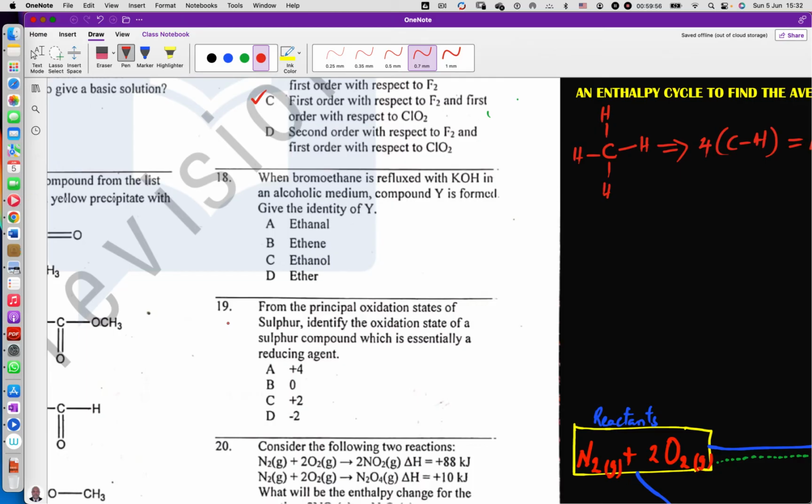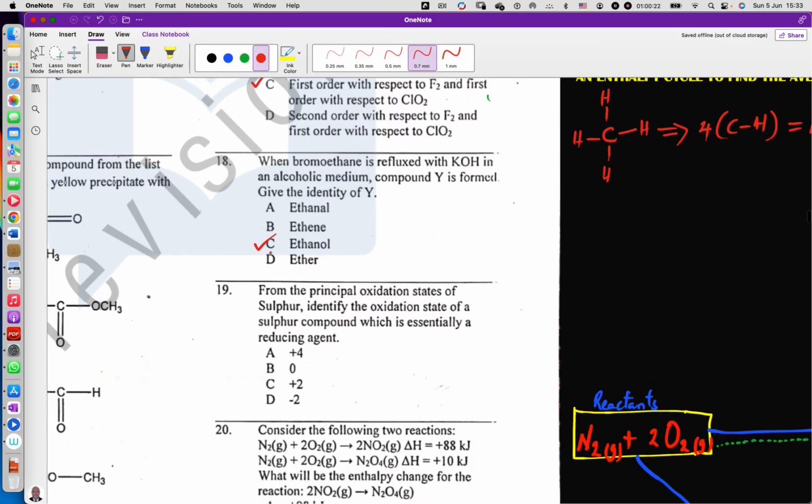Here we have been given potassium hydroxide in alcoholic medium. So it is alcohol, ethanol, that is usually formed. So our answer is C.